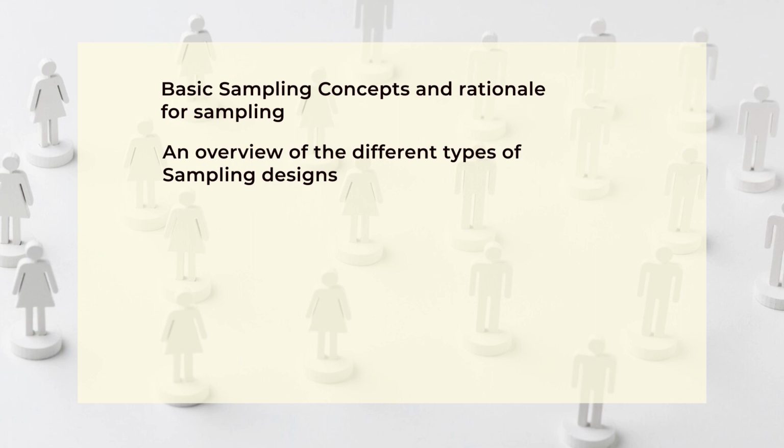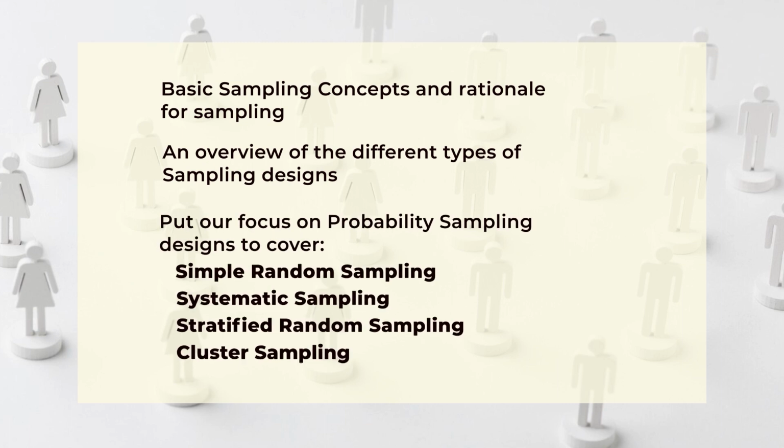We then in this session looked at the different kinds of sampling designs, dividing them into probabilistic and non-probabilistic sampling designs, and explaining that in probability designs, all elements have a known chance of getting included in the sample. We then put our focus only on probability sampling designs and tried to cover 4 different types of sampling designs: simple random sampling, systematic sampling, stratified random sampling, and cluster sampling.